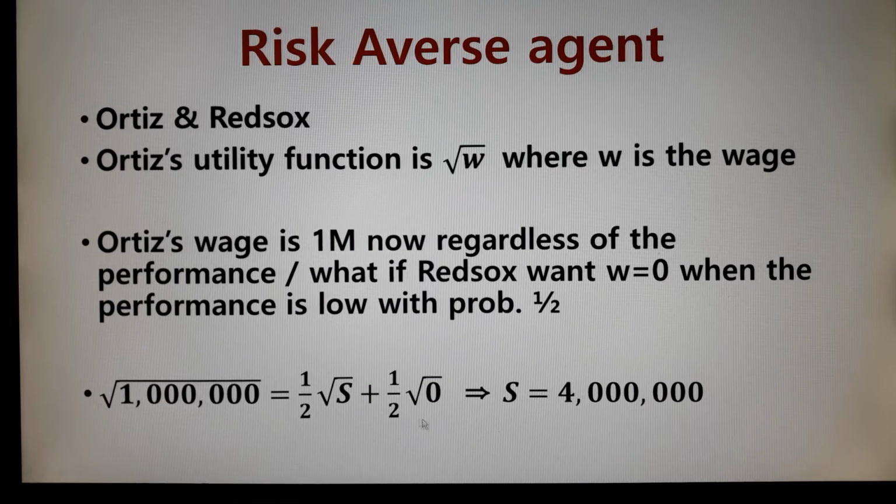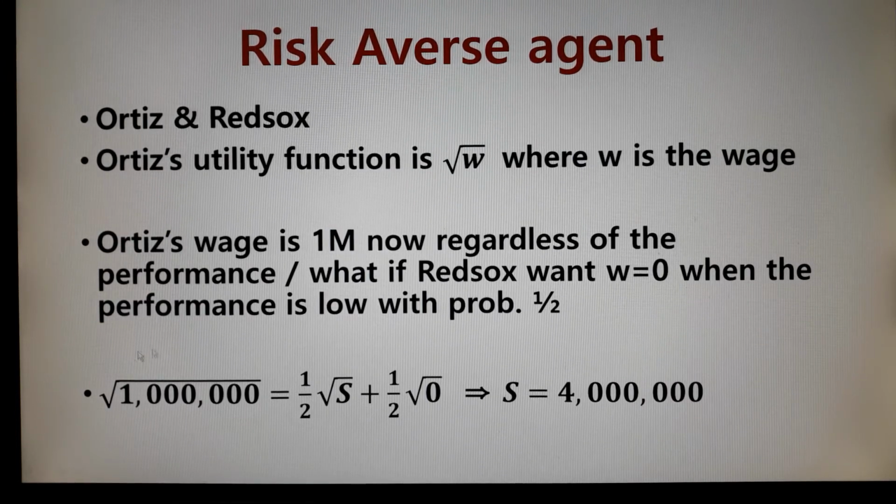The problem is when Red Sox ask Otis to change from $1 million to something like this, when your performance is good it is S dollars, performance is bad, $0, Otis should feel as happy as with the $1 million he's getting.